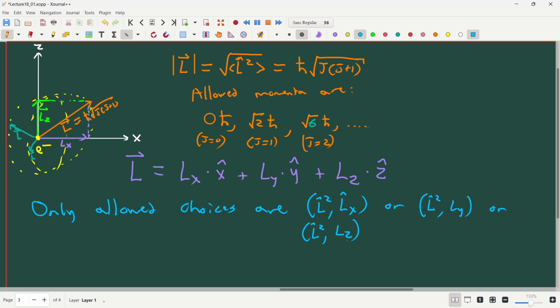I can only choose a pair of measurements. I can't choose all of them with L squared. I can only choose one. And I'm going to show you before the end of class today why that is.